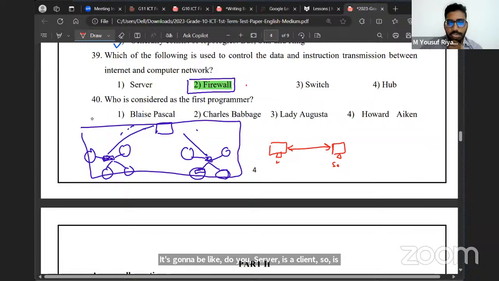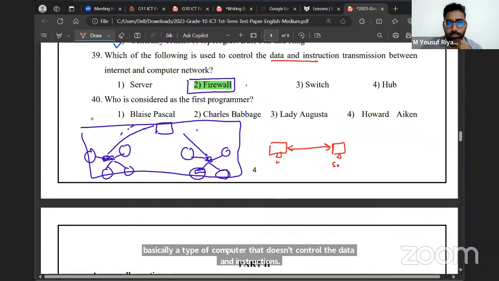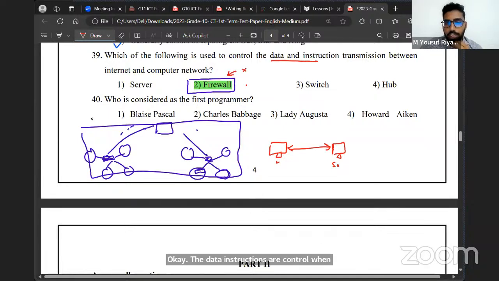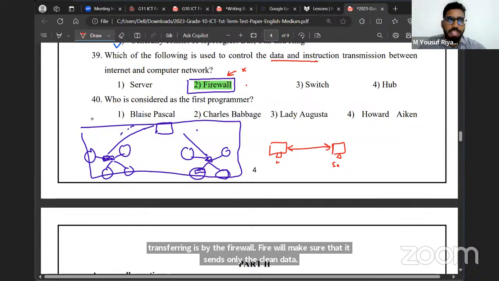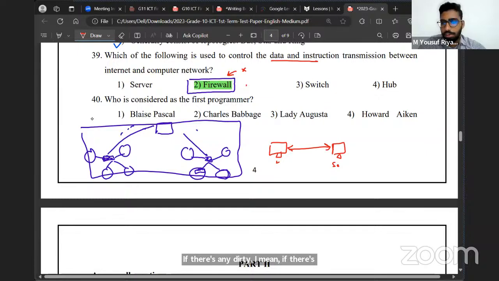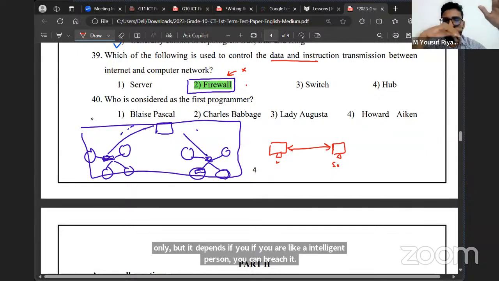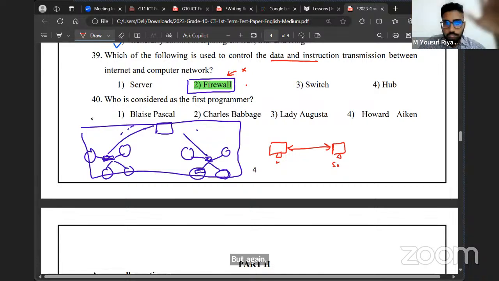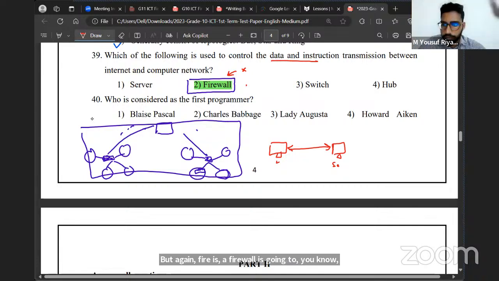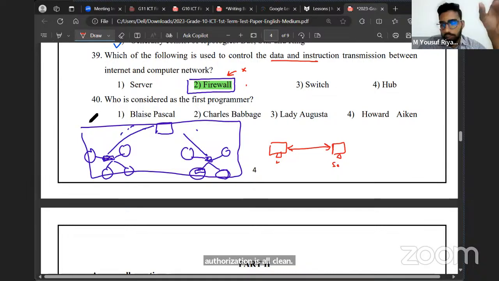The data and instructions are controlled when transferring by the firewall. The firewall will make sure that it sends only the clean data. If there's any virus, it depends. If you're a very intelligent person, you can breach it. But again, a firewall is only going to make sure that the data that is transferred or the authorization is all clean. Got it? So it's controlled by the firewall.